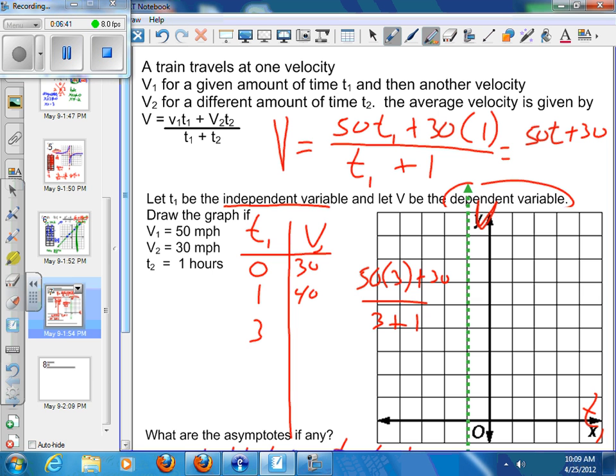So that's 150, 180 over 4. And 180 divided by 4 would be a 45.